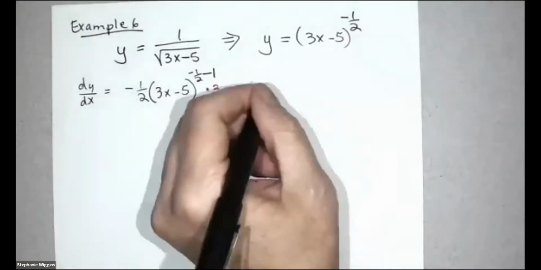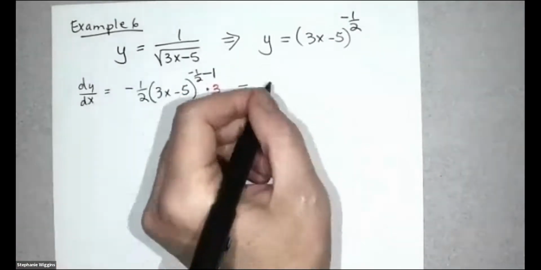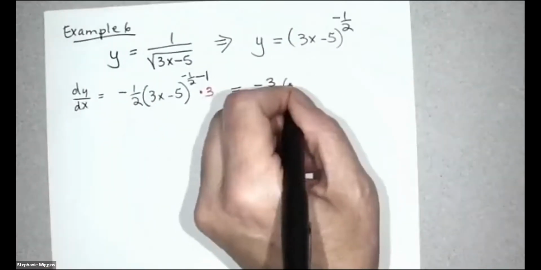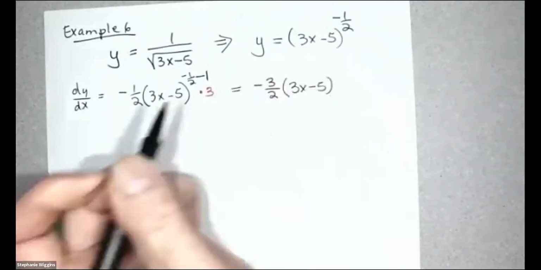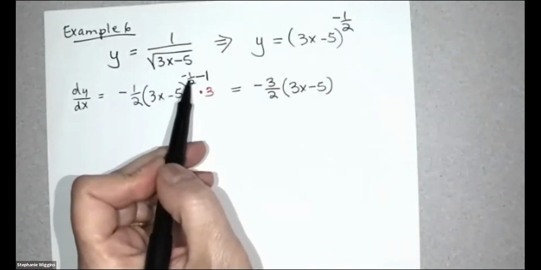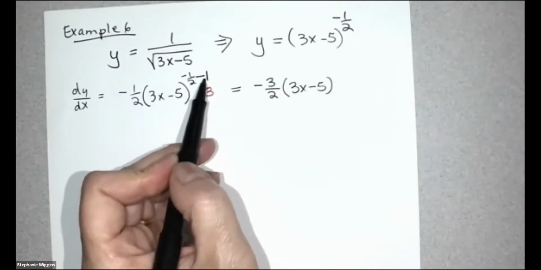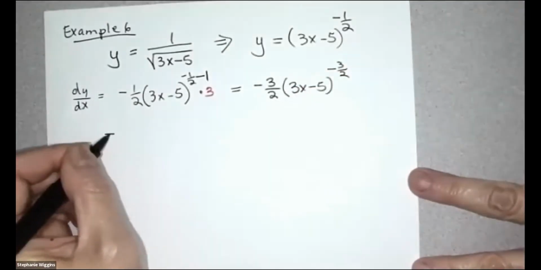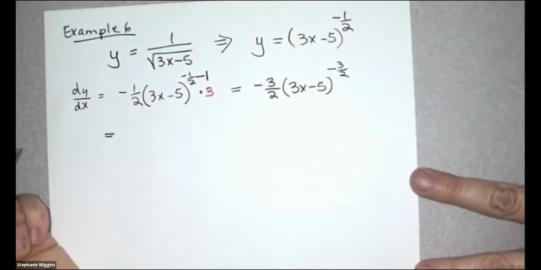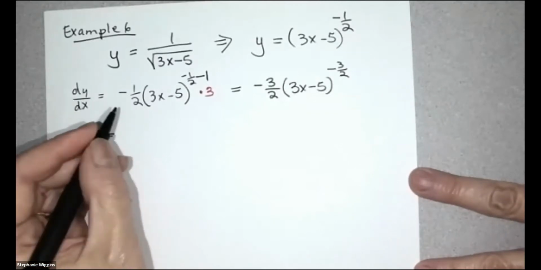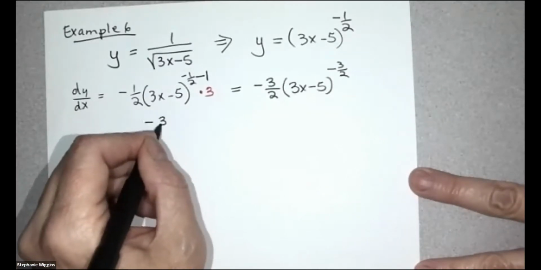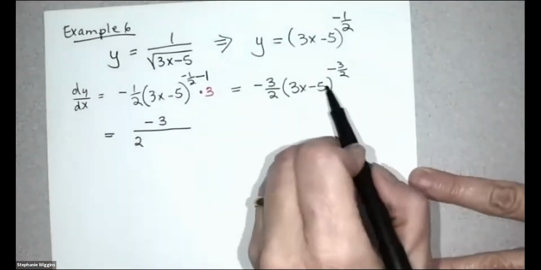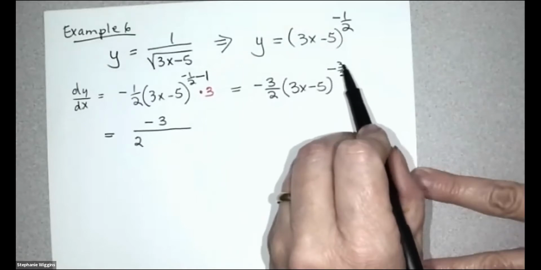This simplifies now as 3 times negative 1/2, or negative 3/2, times 3x minus 5 to the power of negative 3/2, because negative 1/2 minus 1 is negative 3/2. And so this then becomes, my numerator is negative 3, 2 is in the denominator, and so is this 3x minus 5 to the 3/2.